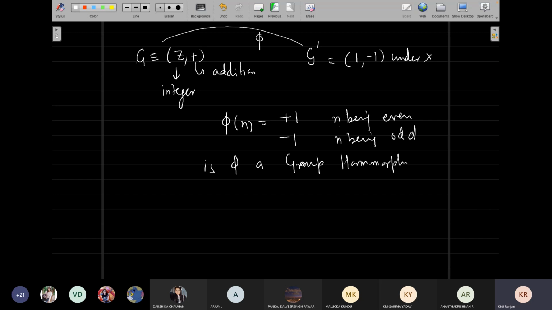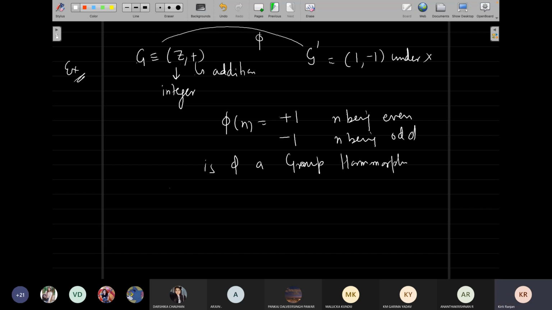Now you see that there are countably infinite elements on our left hand side, whereas there are only 2 elements on the right hand side. You can see that composition is addition on the left hand side, whereas composition is multiplication on the right hand side. So this is an example where we utilize the full power of group homomorphism.